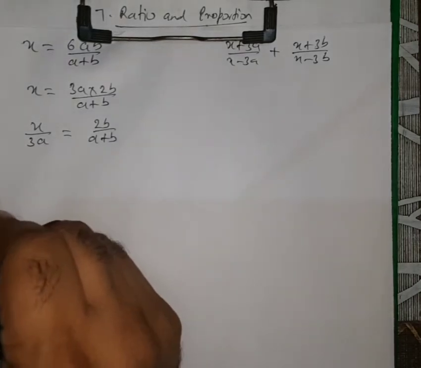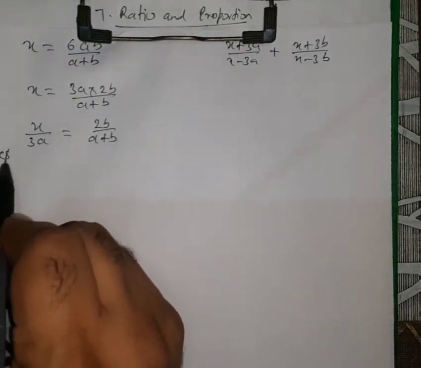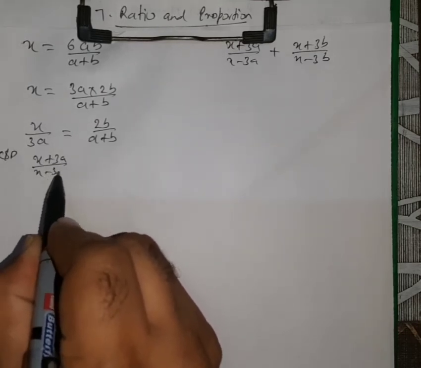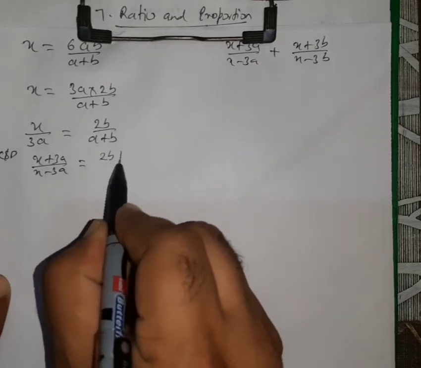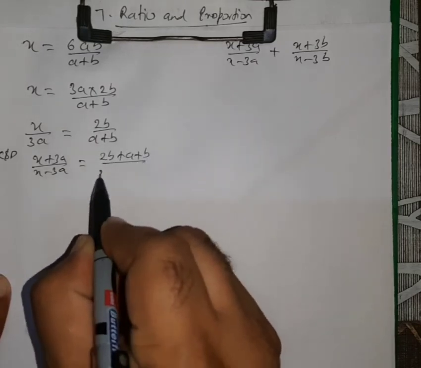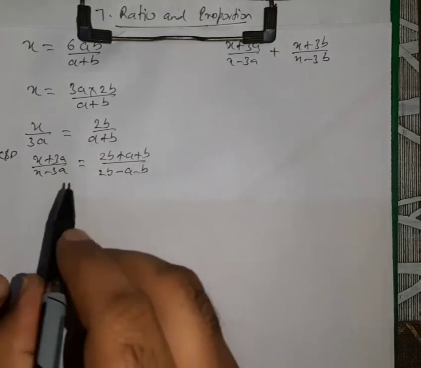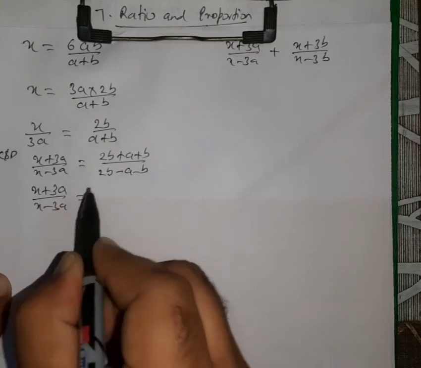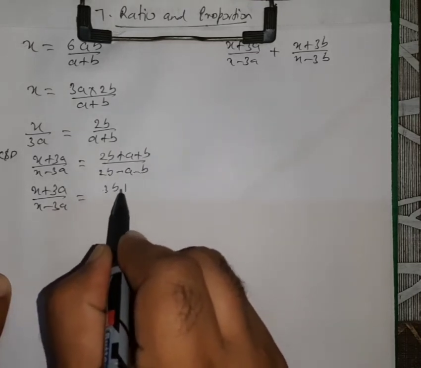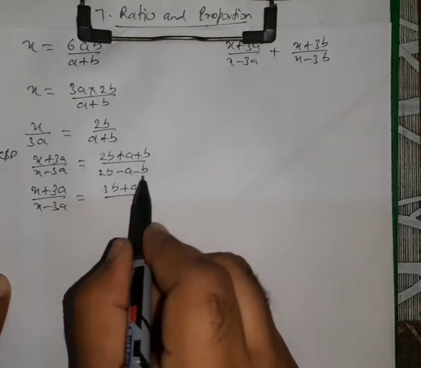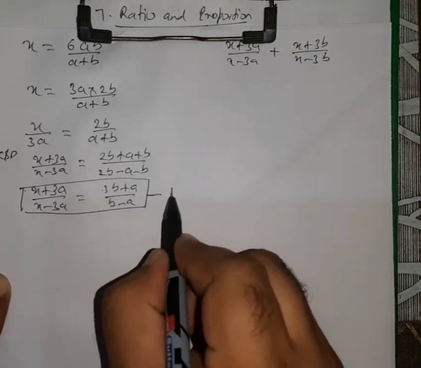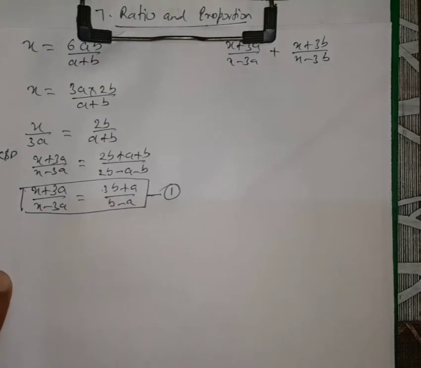Now I am applying C and D. So using C and D, I will get x plus 3a over x minus 3a, that is equal to 2b plus a plus b over 2b minus a minus b. So on solving this we get x plus 3a over x minus 3a equal to 2b plus b is 3b plus a, and 2b minus b is b minus a. Now I'm giving it the name equation 1.